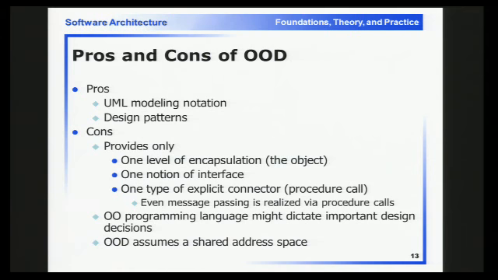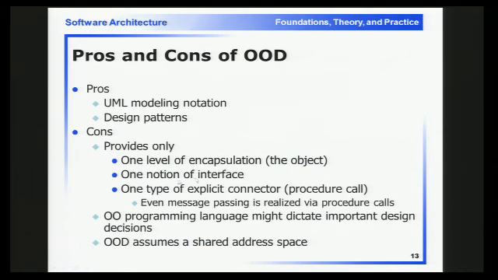In a distributed system, the communication is not implemented only by method calls. We are connected by different kinds of networking devices and different kinds of channels. So one notion of interface is far from sufficient.